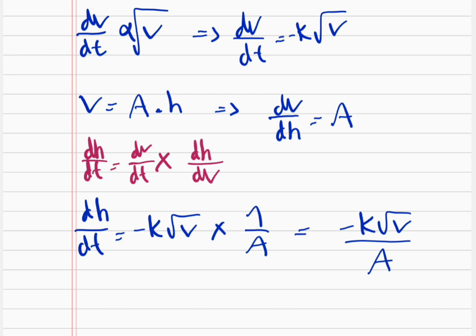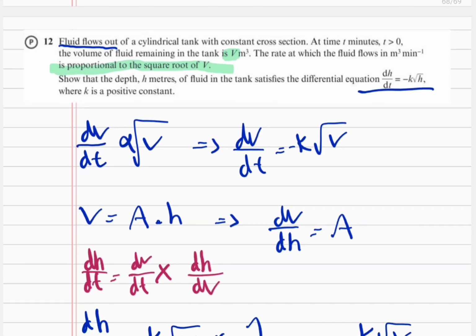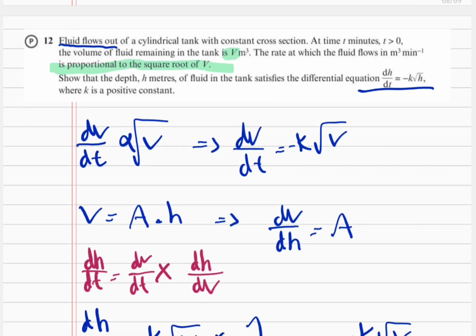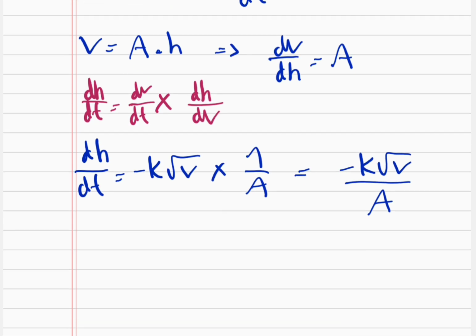And remember that the cross-section area is a constant value. Even here they have told us with constant cross-section. So it's just a constant number, like maybe 50 meters squared, for example. And k is another constant. So a constant divided by another constant gives us another constant, right? So that's always a constant.